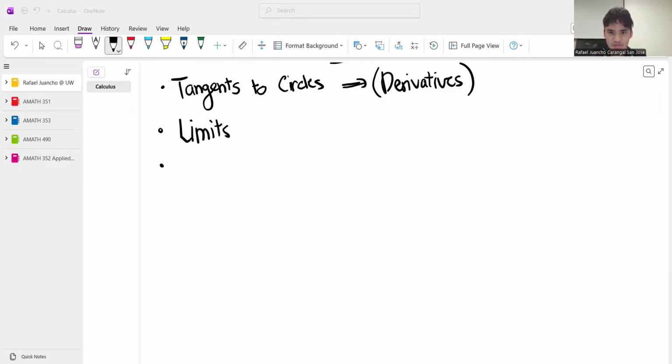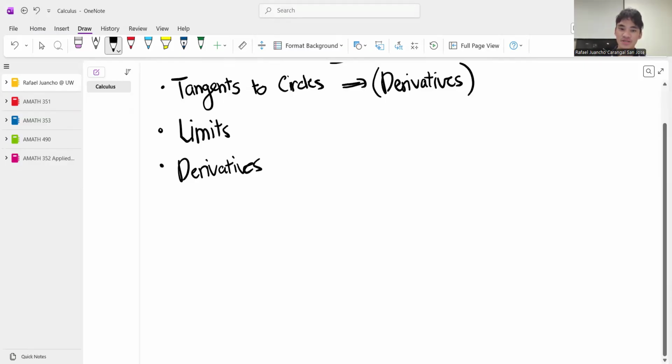And then we go into derivatives. Now, I know these are all pretty abstract, but derivatives is essentially where we can identify the speed of a function at a particular time. How fast is this function going at this particular time?